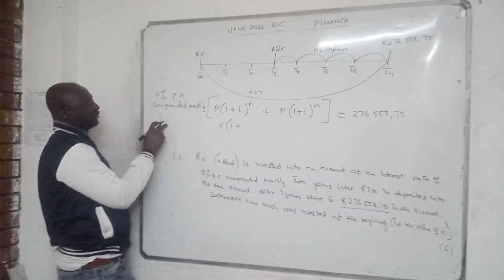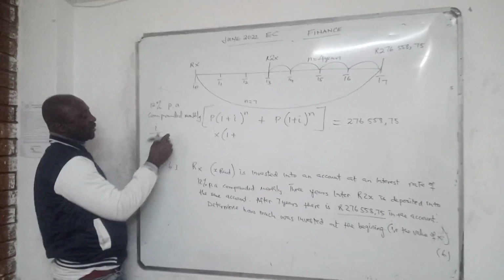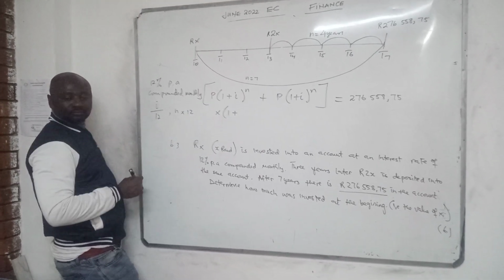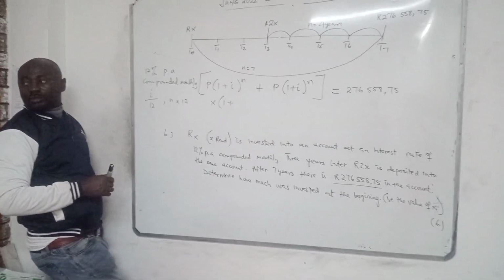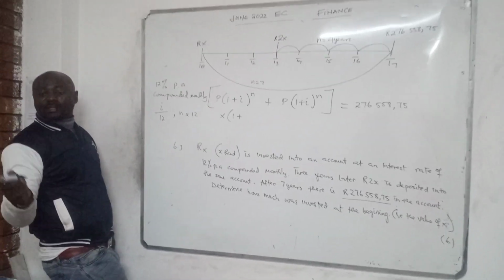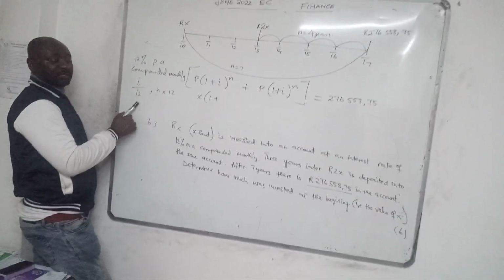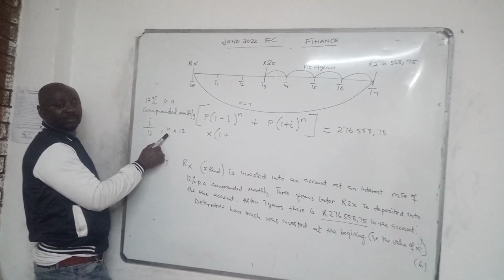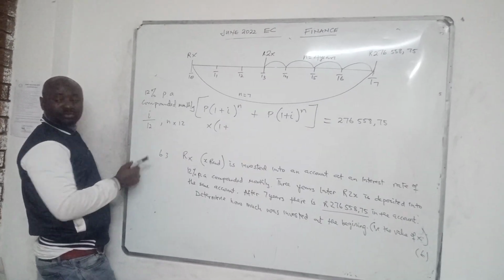Compounded monthly means you divide i by 12 and you multiply N by 12 also. If you compound monthly, there are 12 months in a year. So your interest must be divided by 12 and your number of years must be multiplied by 12 to change it to months.